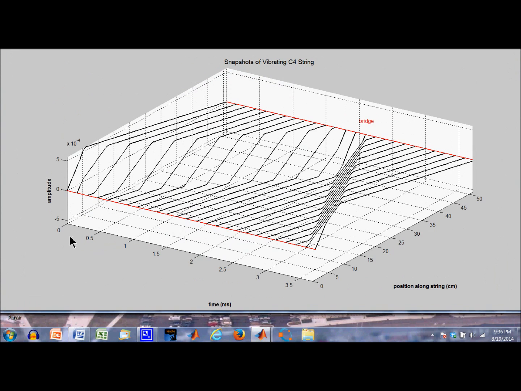Okay, here's the picture again. We start out, here's our initial position when we start to pluck. We release the pluck, and we start to see this peak start to move towards the right hand side where the bridge is located. Comes over here, it is reflected and inverted. Now you notice the slope over here is not high.